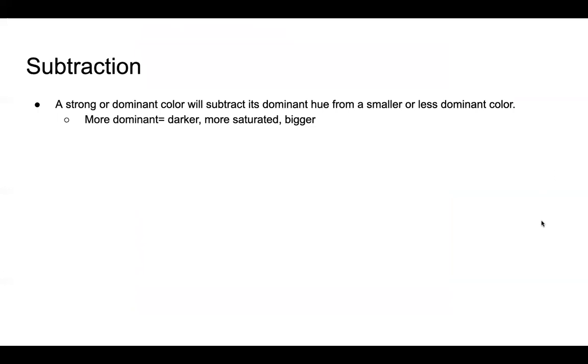Okay, so subtraction. This is the theory that a strong or dominant color will subtract its hue. Just now we talked about value and saturation, but right now we're going to talk about hue.